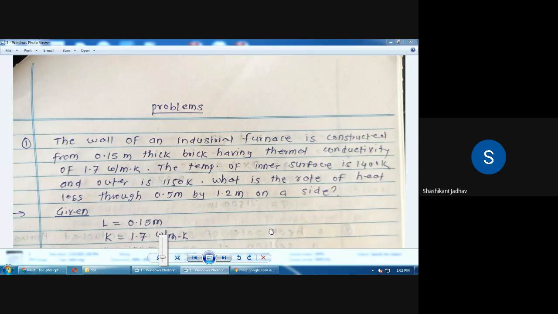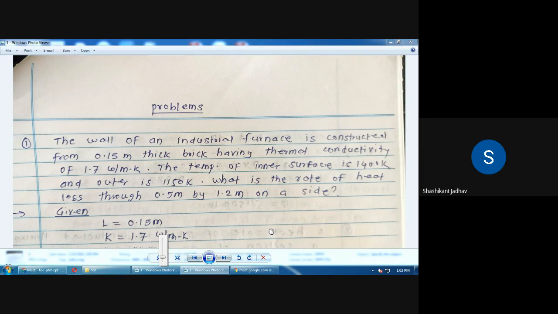Okay, so this is the problem which is related to the Fourier's law of heat conduction. So what is the Fourier's law of heat conduction? Rate of heat flow Q is directly proportional to area.